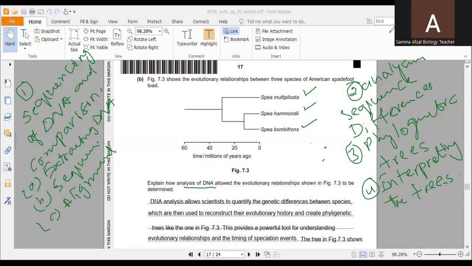For this, they will extract the DNA, check the sequence and alignment, and then analyze the sequence, finding the differences produced due to mutations. Then they construct the phylogenetic trees and interpret them. In this way, they can find out the relationship among different DNA sequences.